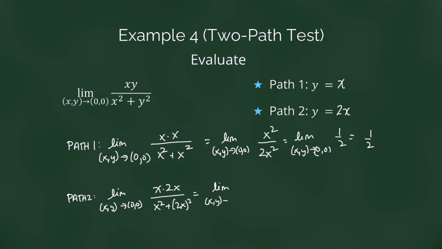And so then we have the limit as xy approaches 0, 0 of 2x squared over x squared plus 4x squared, which is 5x squared. We can cancel out those x squareds again, and we get 2/5. So we found 2 paths along which we get 2 different values for the limit. So this limit does not exist.